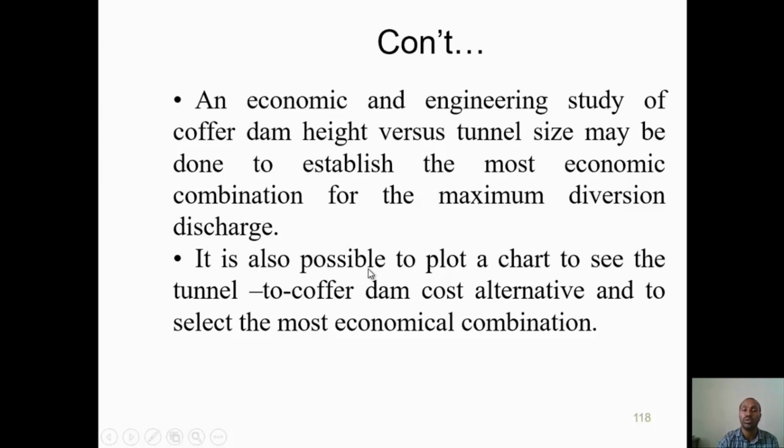It is also possible to plot a chart to see the tunnel to coffer dam cost alternatives and to select the most economical combination, with respect to tunnel and coffer dam cost.